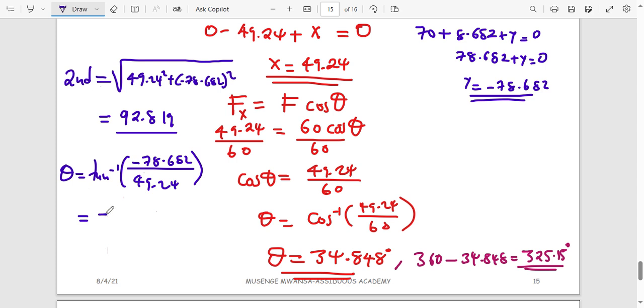That has given me negative 57.96. Again, remember, the x component of the force is positive and the y component is negative. Which quadrant is that? X component is positive, y component is negative. Which quadrant is this going to be?